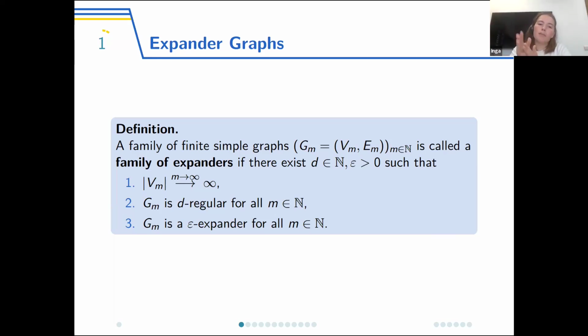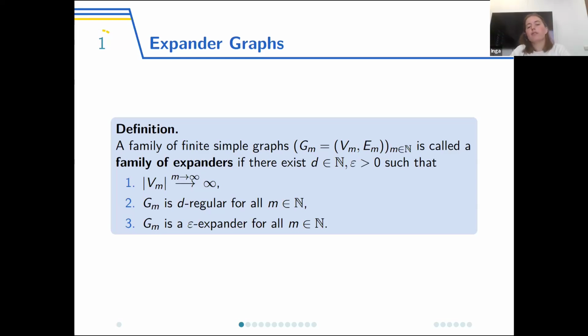To formalize it a bit, when we talk about expander graphs, we don't talk about one graph, but always about a family of graphs, an infinite family of finite simple graphs, where on one hand, we want the number of vertices in each graph to grow to infinity, so that the graphs get larger and larger, but at the same time, we bound the degree at each vertex uniformly.